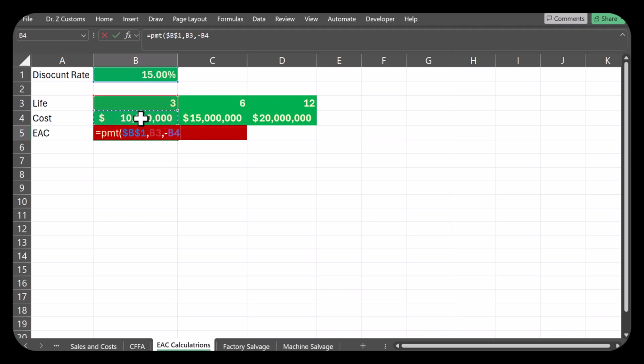So I could either pay $10 million now or make annual payments of 4.379.